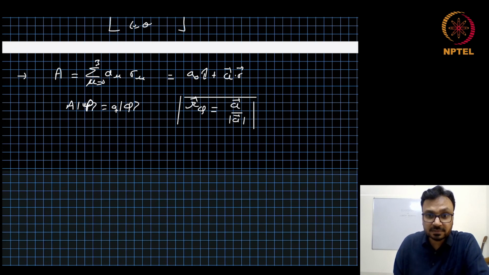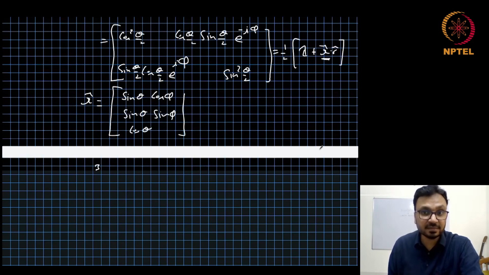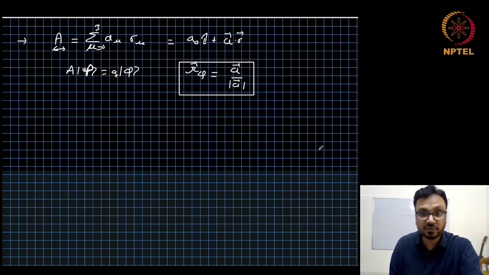So that will be the Bloch vector corresponding to the eigenstate of an observable. This makes the calculation very easy and straightforward, and since we have a geometric picture, it makes them intuitive also.